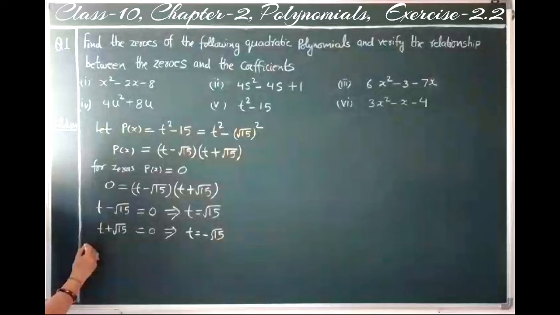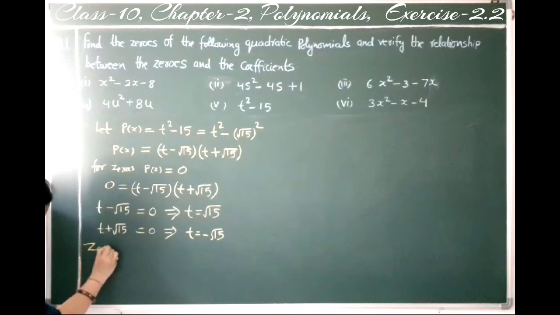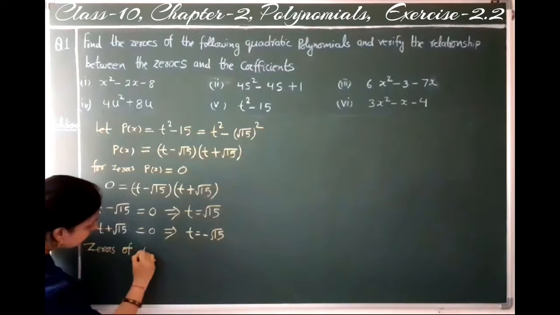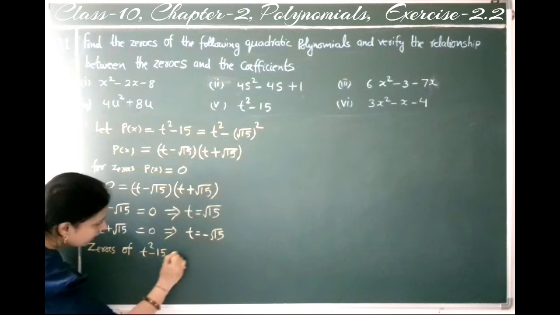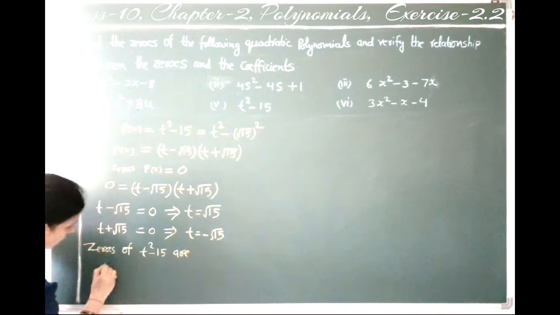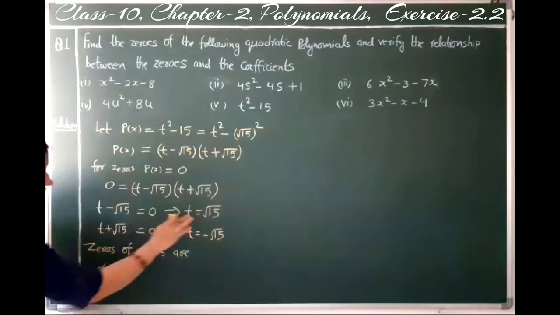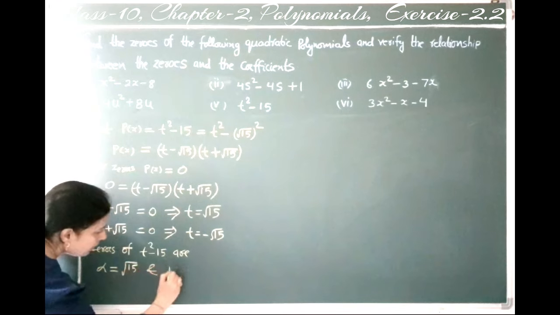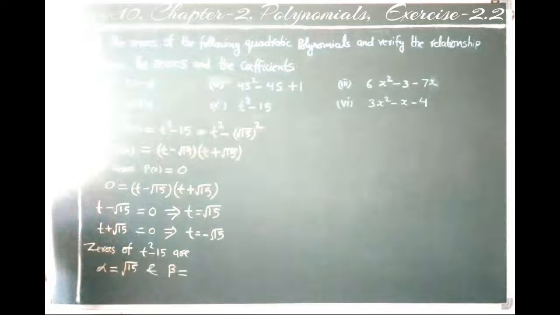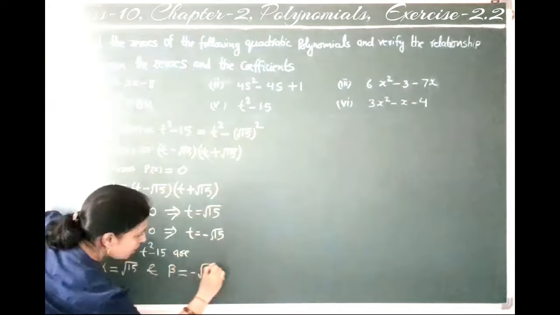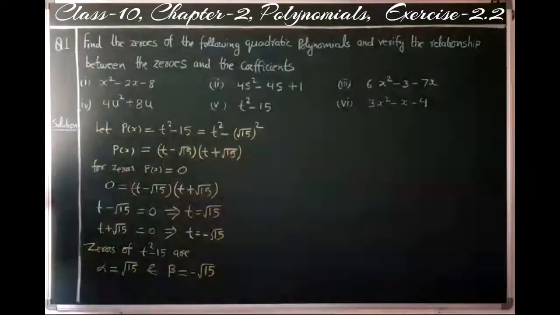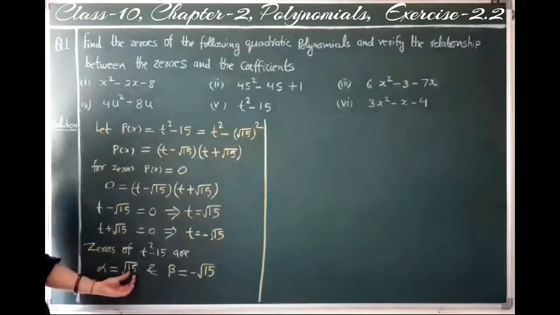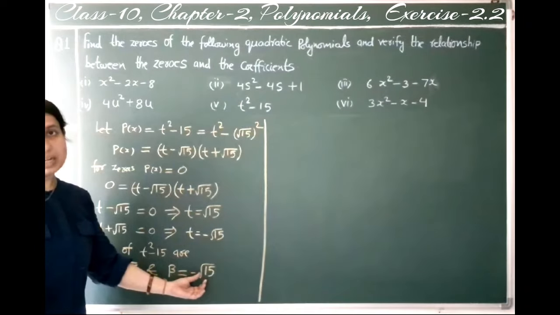So the zeros of t square minus 15 are alpha is equal to root 15, and the second one, suppose it is beta, then beta is equal to minus root 15.